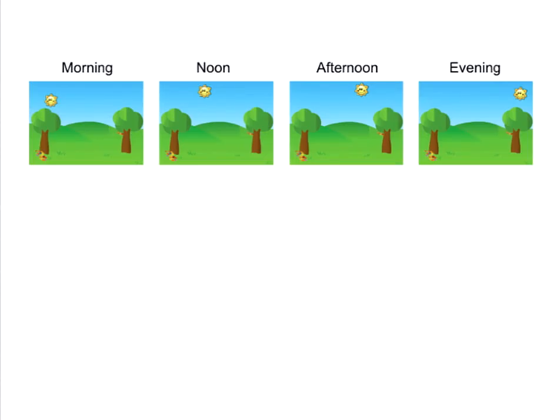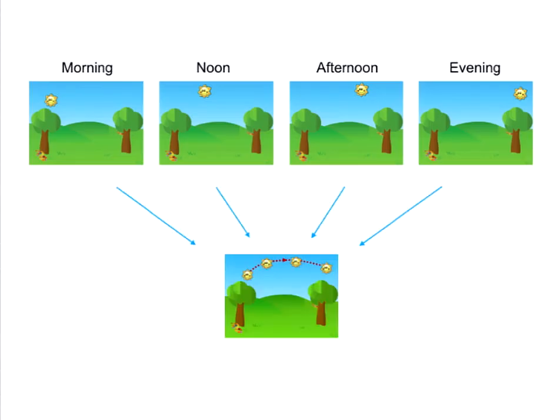We are now asked to come up with a description of the motion of the sun in the sky during the day. From this sequence of snapshots, it seems quite easy to come up with a description that would be something like this. The sun basically moves from left to right.